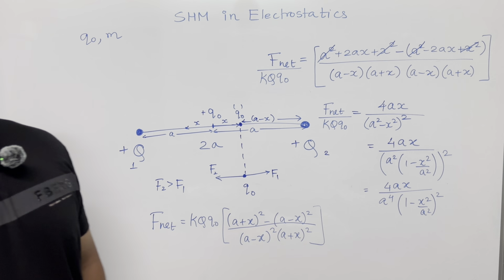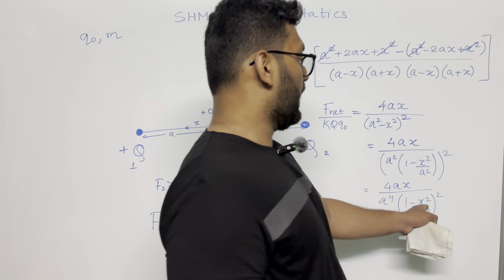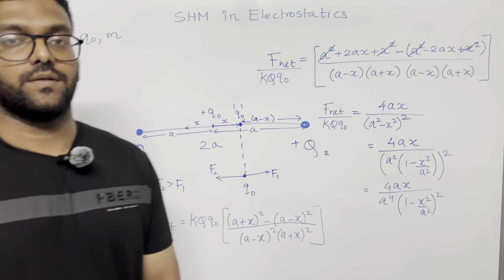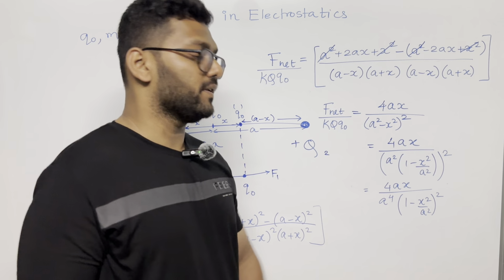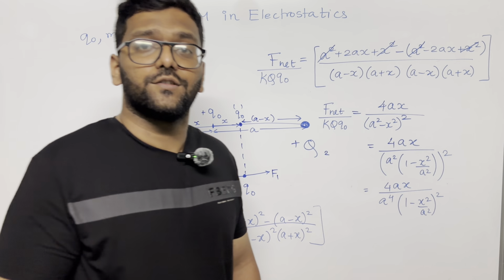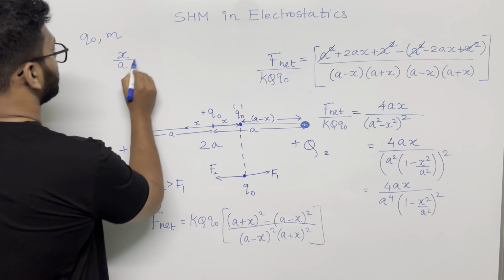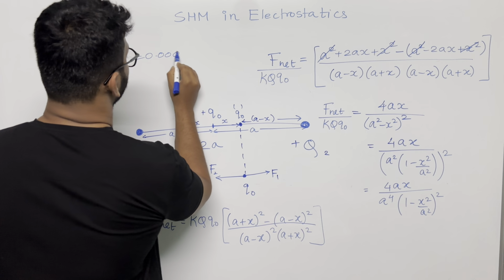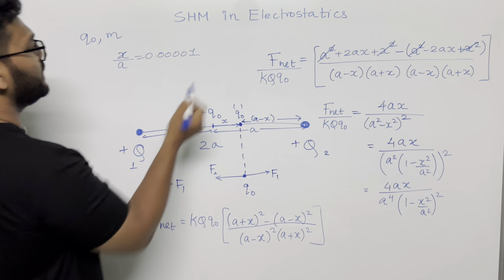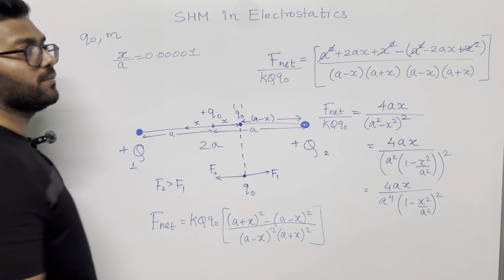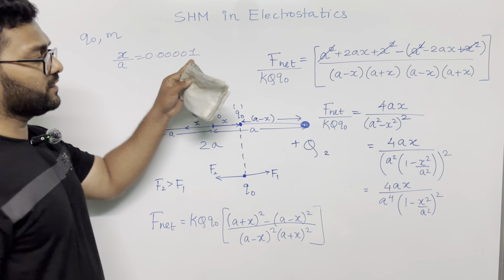Now, what we are going to do here? See, x by a is very small, right? If x by a is very small, then x square by a square is very small again, right? If your x by a is very small, that means it is 0.000001, and if I square it again you will get more number of zeros, so that is very small, right?